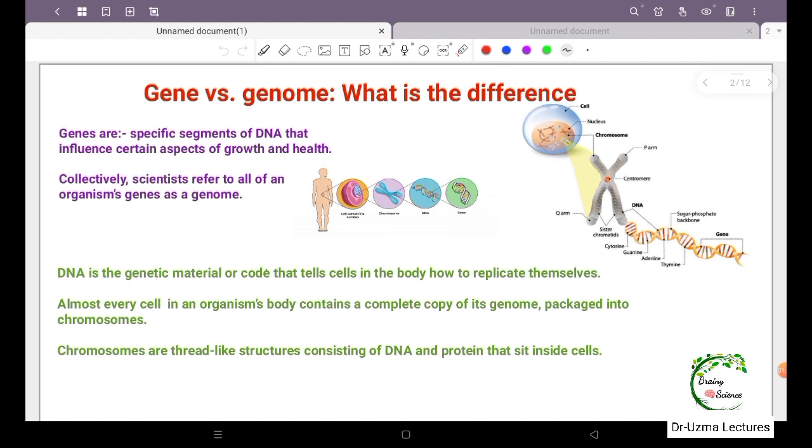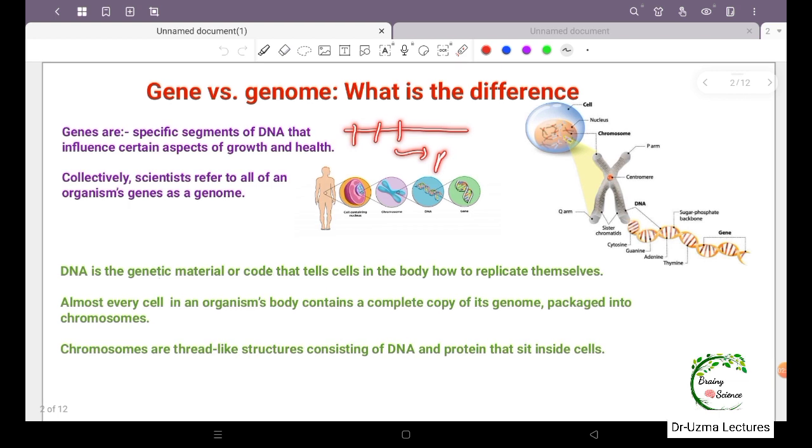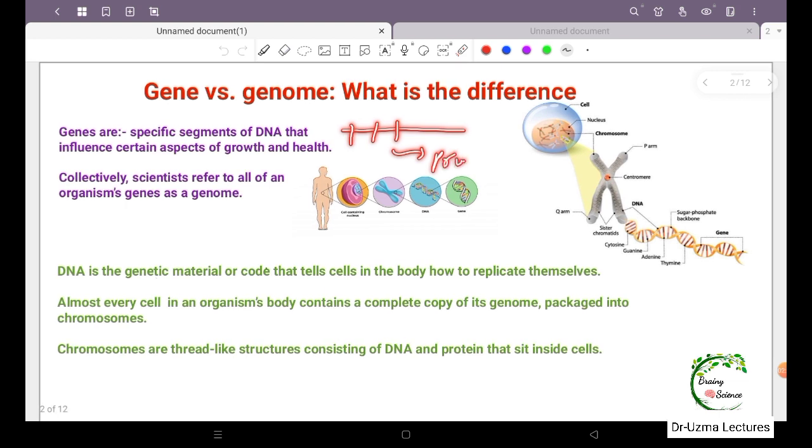Similarly, genes also help in growth. How do genes help in growth? For example, this is the DNA and these are the genes, and this gene is making a protein. And suppose this is a regulatory protein. Regulatory protein helps in regulation.